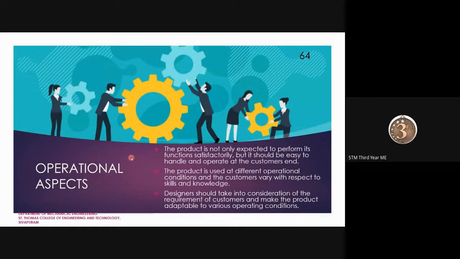So these are coming under operational aspects. So we are operating it and observing, or we are forecasting the operational aspects in an artificial manner, so that you can better understand how good the product is, or how reliable the product is, or how long it lasts. These are all obtained during operational aspects.